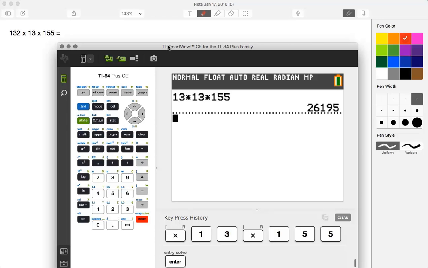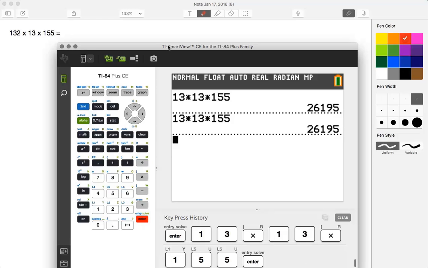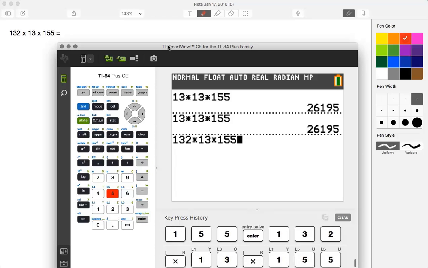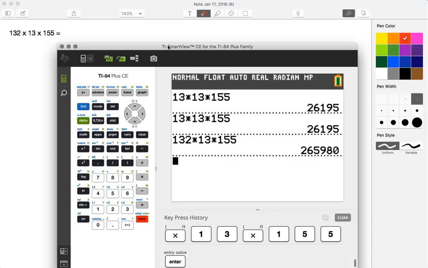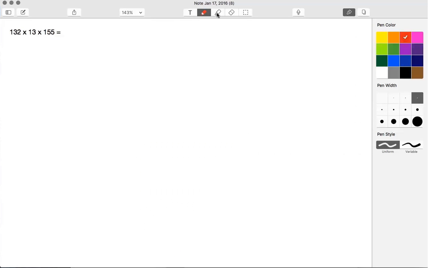I have a solar powered keyboard and it's late at night now. There we go, 265,980. So let's write that over here.